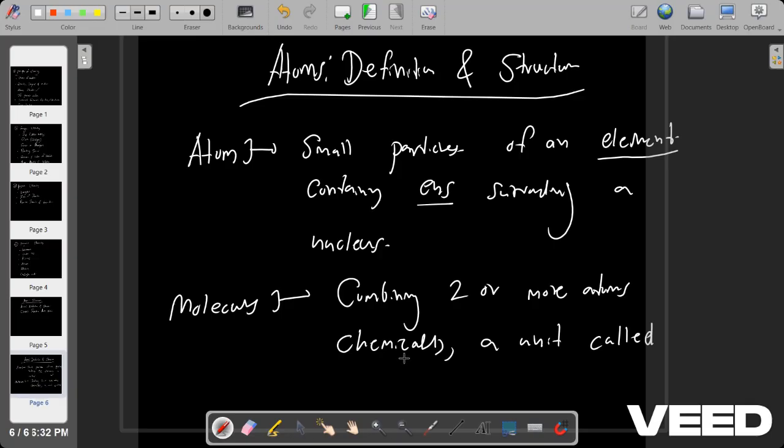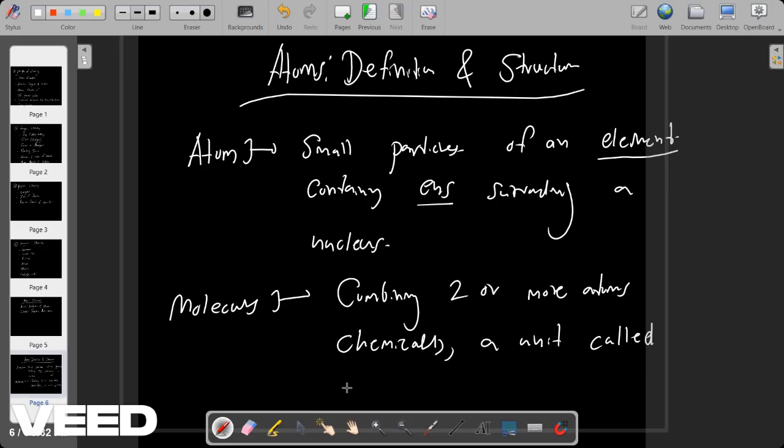It can have at least two, or it can have many atoms combined together chemically. A unit called a molecule.